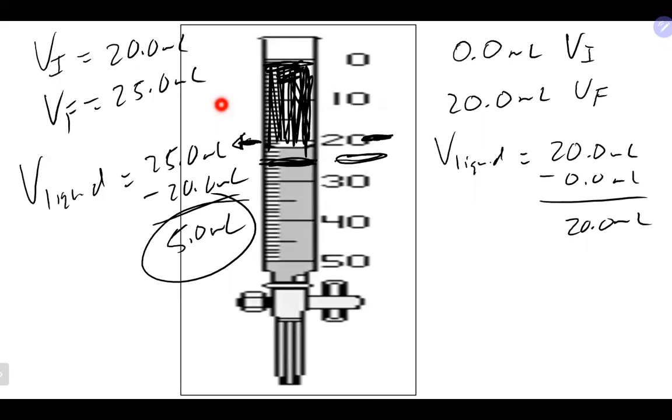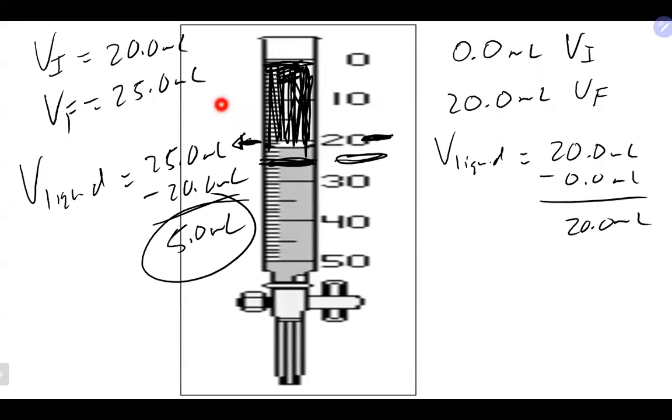With this sort of piece of equipment, you always got to take 2 readings. You always got to take the difference between the 2, and it will tell you exactly how much you added. It's a very accurate way to add a specific amount of volume to something. You just open up and shut it. But in the 2 times that I did it in this example, how much total volume did I add?